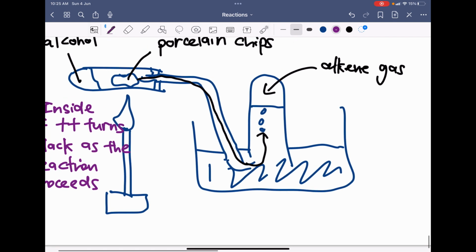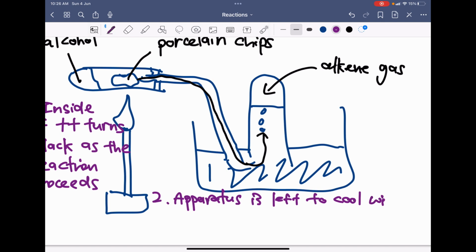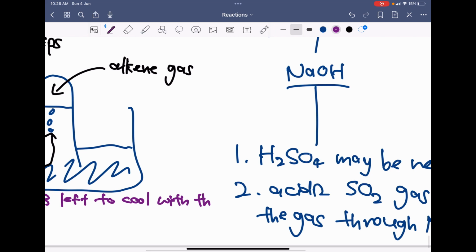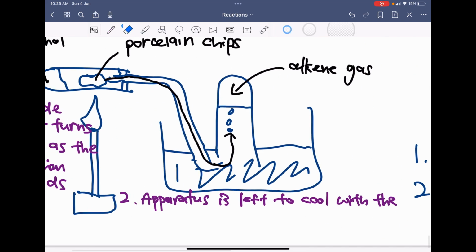Okay, and a second thing to note is at the end of the reaction, the apparatus is left to cool with the delivery tube out of the water.